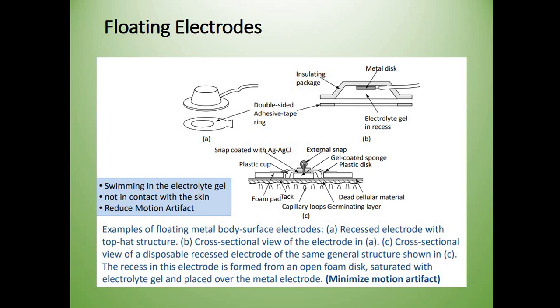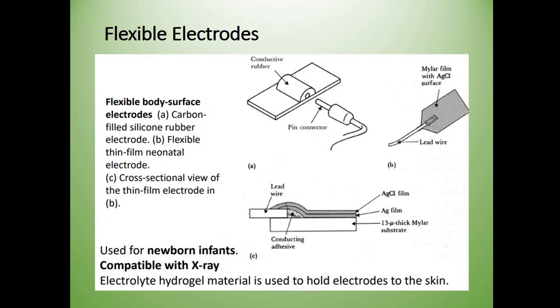So here, the only conductive path between the metal and the skin is the electrolyte paste or jelly, which forms an electrolyte bridge. We also have the flexible electrodes available by various manufacturers. They are mainly used for newborn infants, and they are also compatible with X-rays.